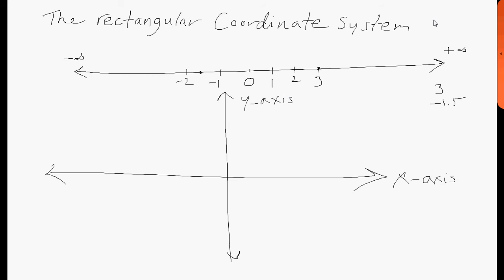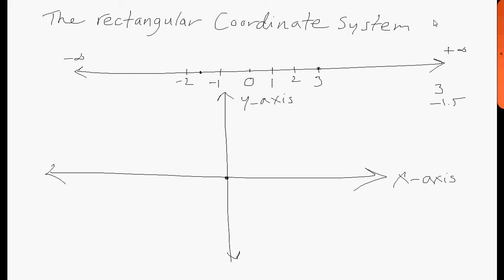The point of intersection between these two real number lines is the point 0, 0, which is called the origin. So the origin is the point 0, 0.